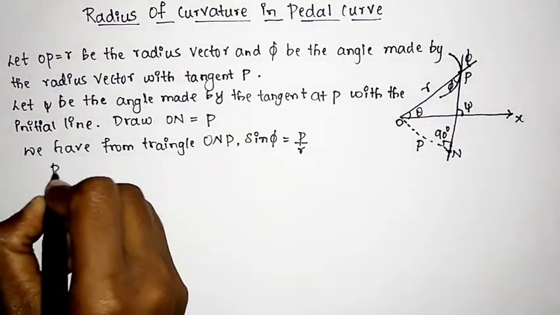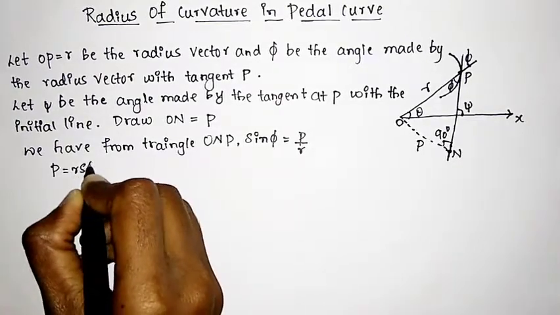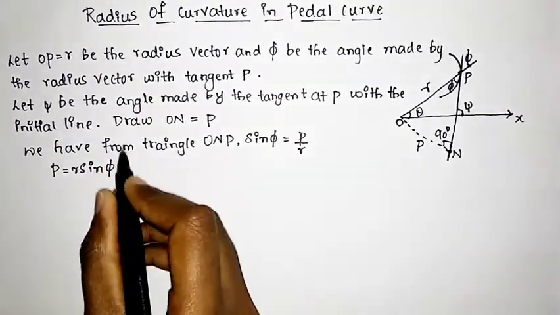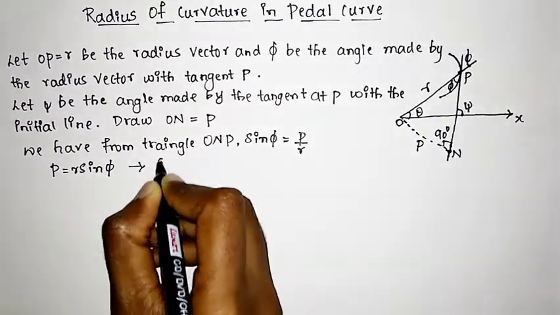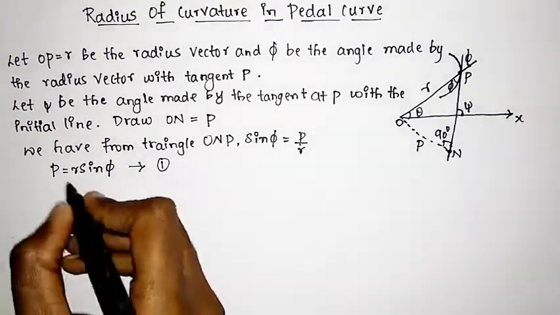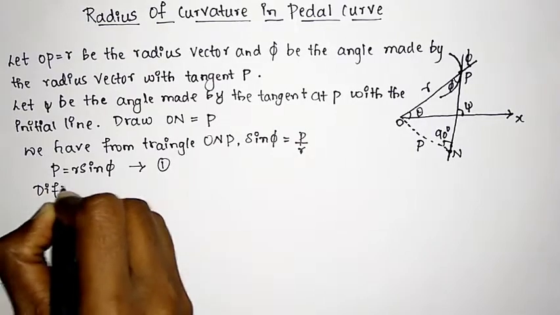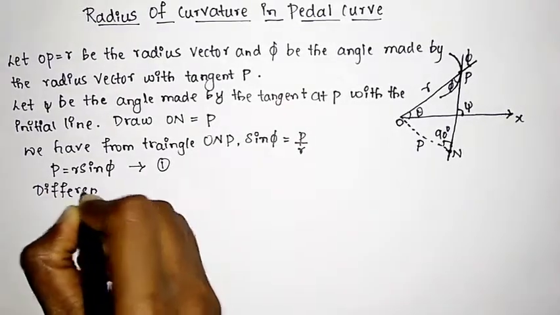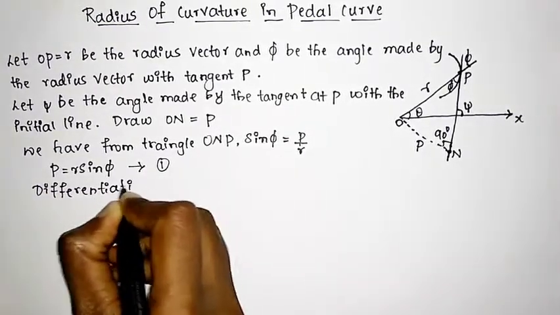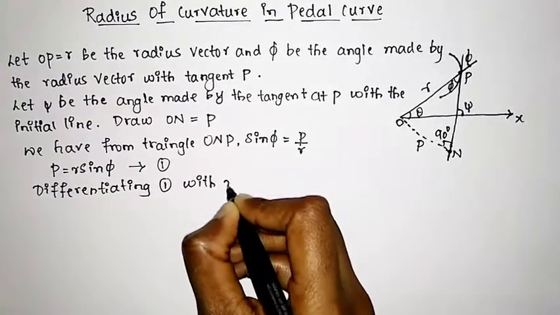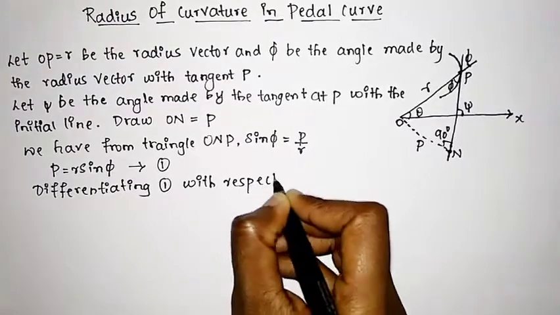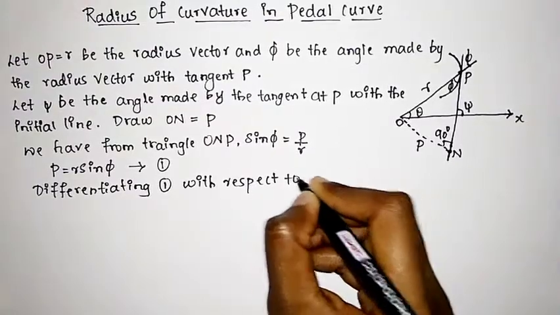And we know that p is equal to r into sine phi, which is also the equation we discussed earlier. So p equals r sin phi; call it equation 1. Now we need to differentiate equation 1 with respect to r.